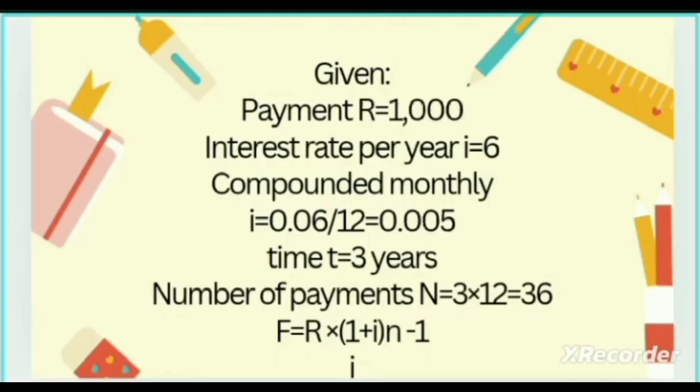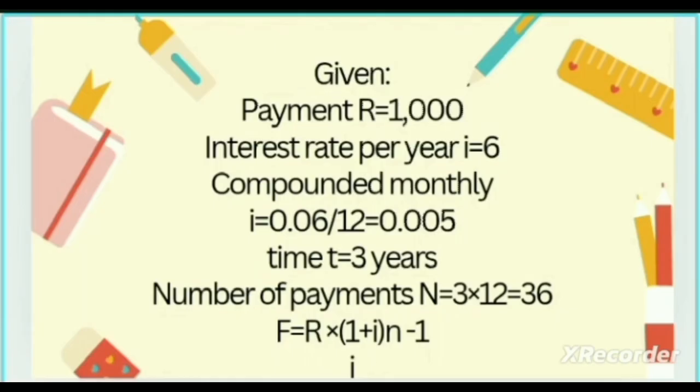So, given payment R equals 1,000, interest rate per year is 6%, compounded monthly, so i equals 0.06 over 12 equals 0.005. Time is 3 years, number of payments N equals 12 times 3, which is 36.